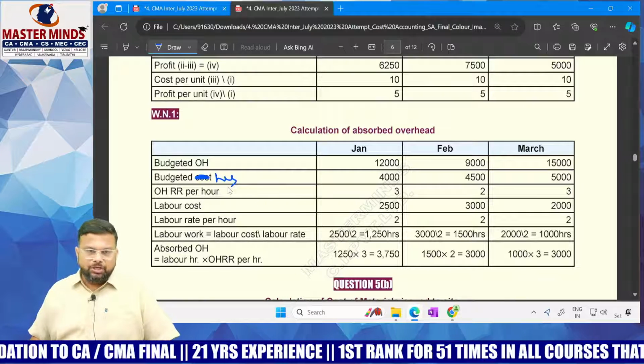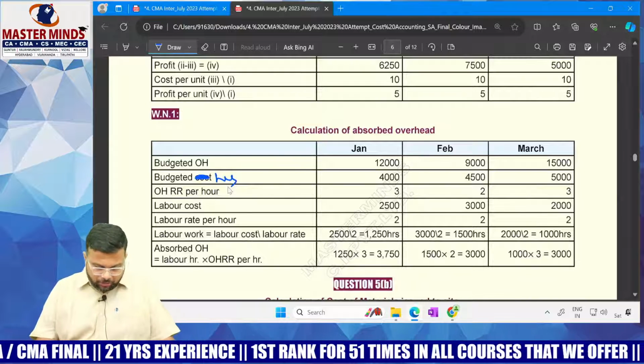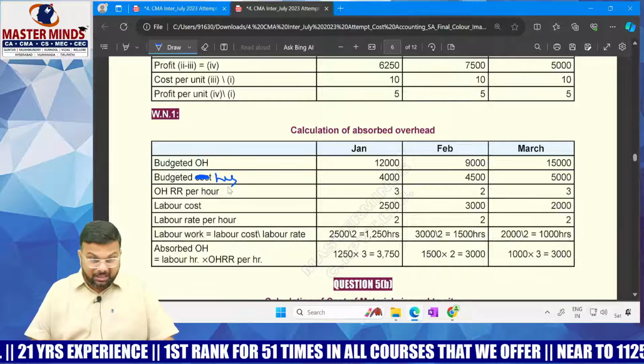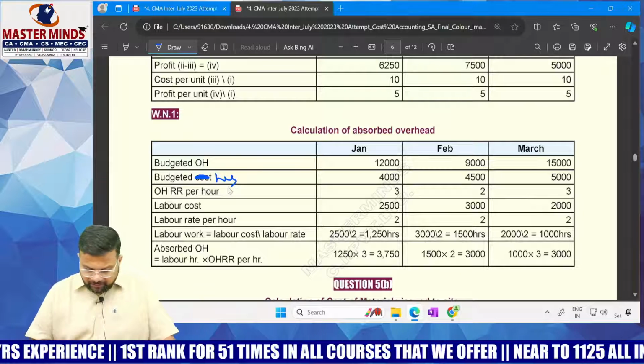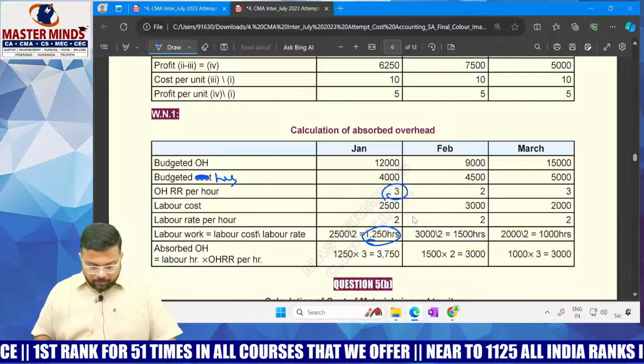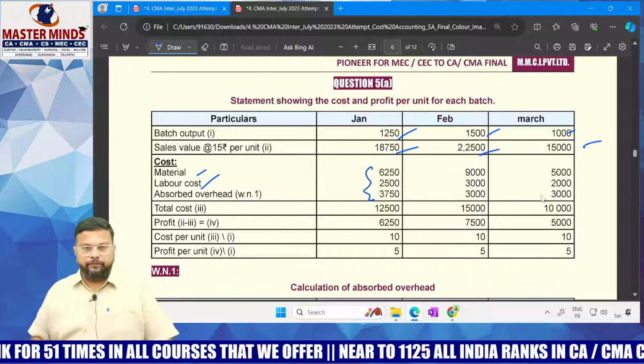Once you are done with it, you have actual hours with you. How to calculate actual hours? You have labor cost, you have labor hour rate. So dividing labor cost by labor hour rate, you will get labor hours. Labor hours into overhead recovery rate, you will get absorbed overhead. That will be shown here. When you add these three, you will get total cost.